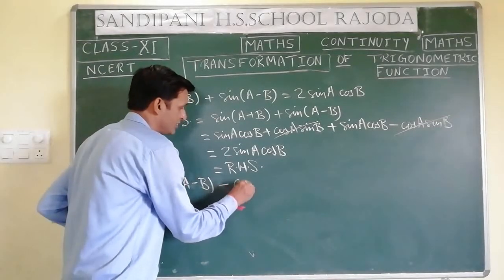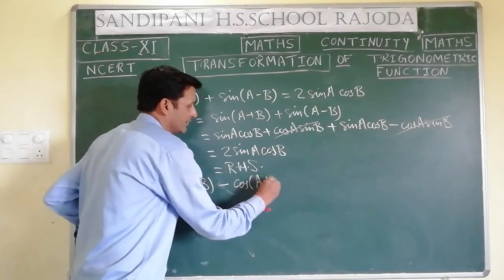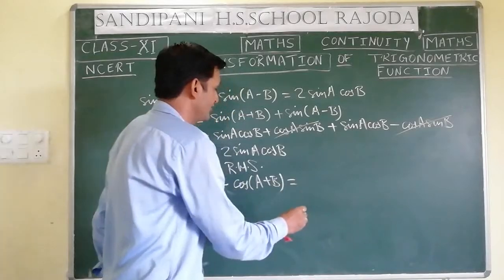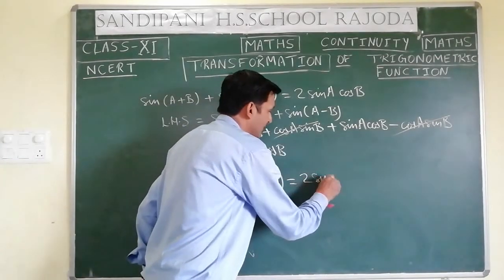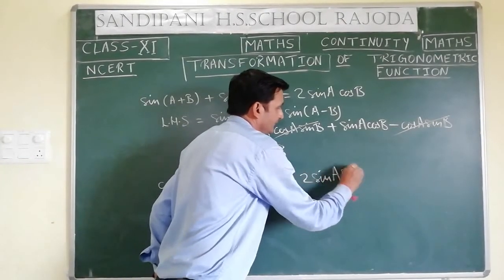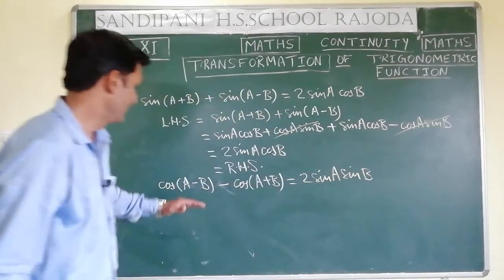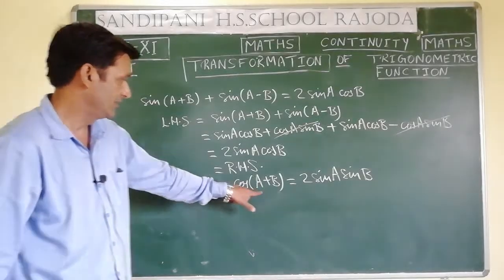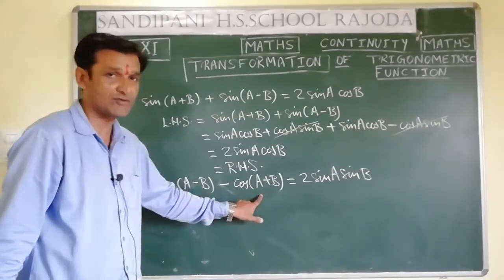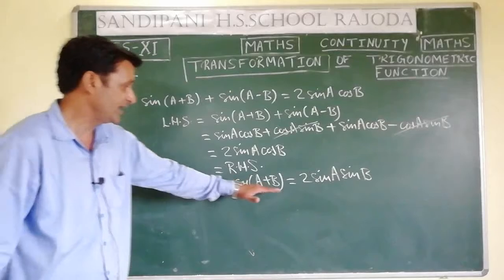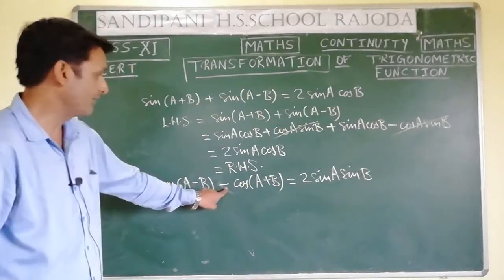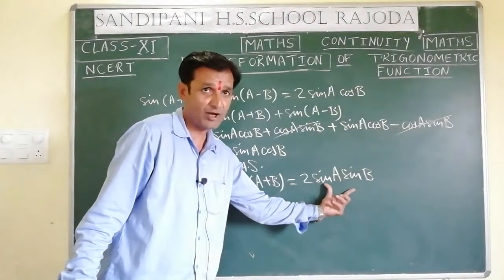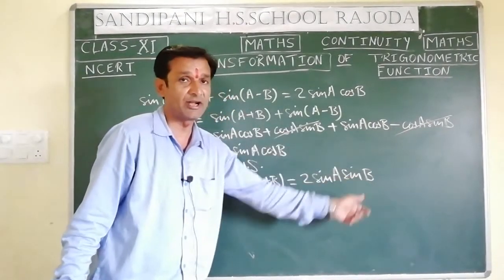Cos(A-B) minus cos(A+B), if I write it in this manner, will be changed into the form of 2 sin A sin B. This means the difference of a cos function with another cos function, one in the form of A-B and one in the form of A+B, with a minus sign assigned, is in the product form of two trigonometric ratios.